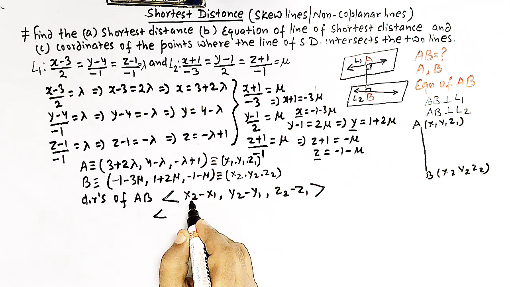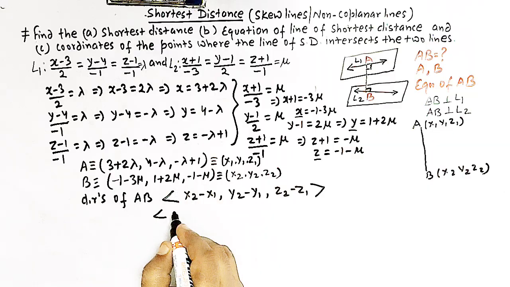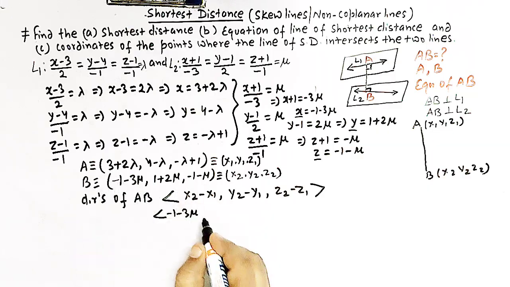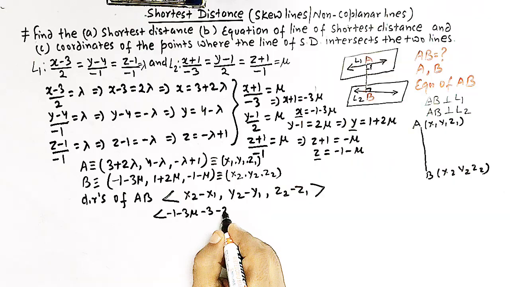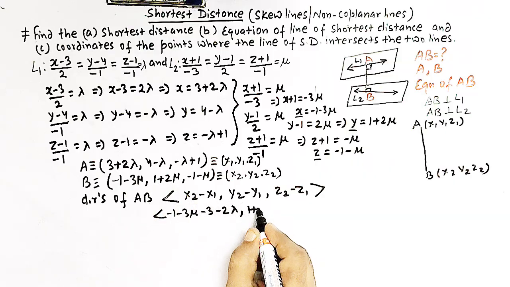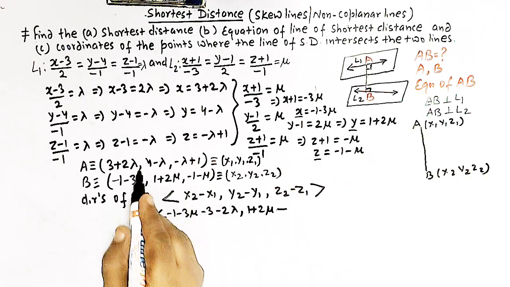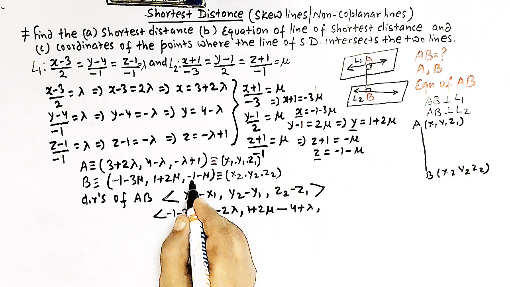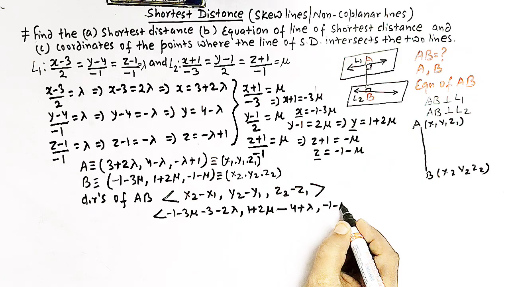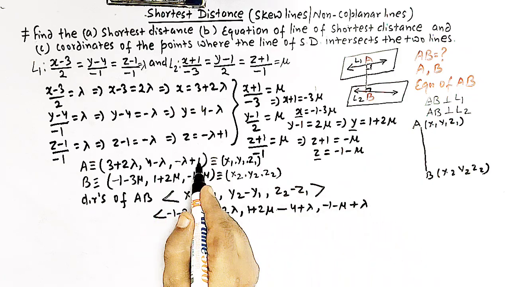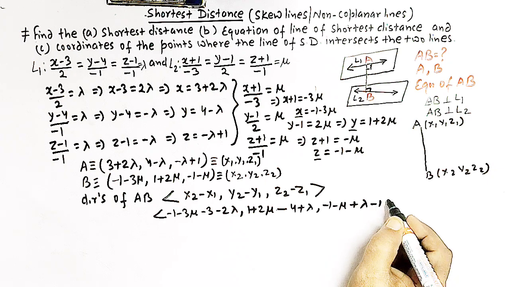So here we have x2 minus x1: minus 1 minus 3 mu minus 3 minus 2 lambda, then 1 plus 2 mu minus 4 plus lambda, and then minus 1 minus mu plus lambda, and here we have minus 1.